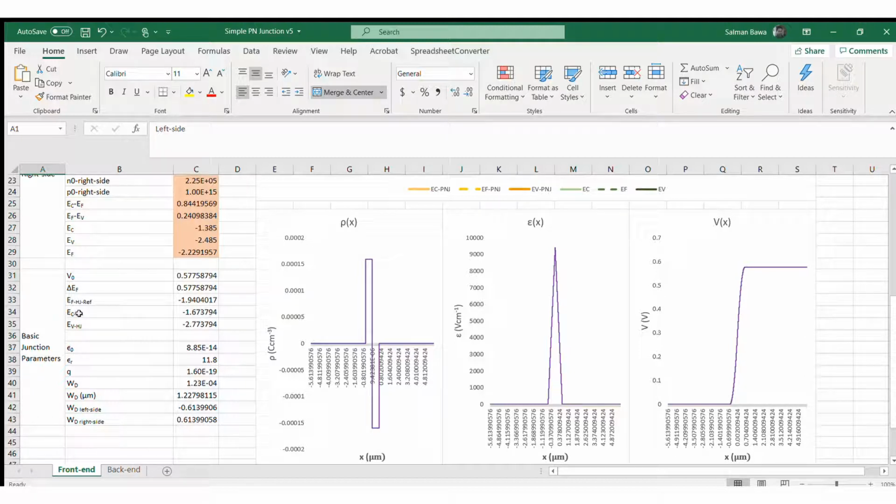The E sub C of the homojunction or the p-n junction, and the E sub V of the p-n junction. Then we have the E naught and E sub R. We have the constant Q. And from all the above values that are calculated, we can then calculate the width of the depletion region, which we have converted to micrometer here, and then calculated the width of the depletion region on the N side and the P side, or the left side and the right side.